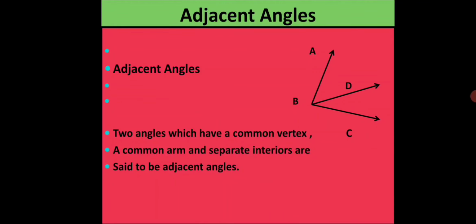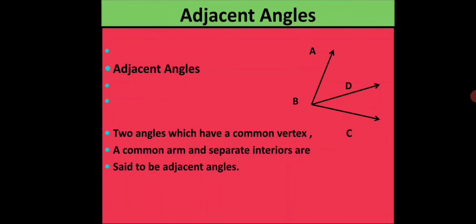Point B is their common vertex, as you can see in the figure, again I am repeating, point B is the vertex of the given angles.